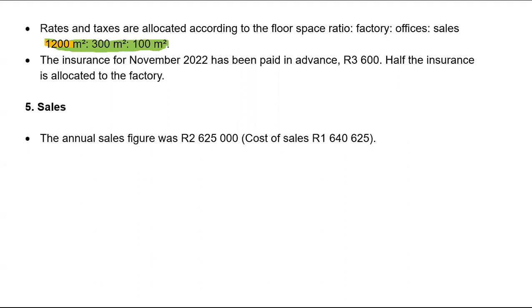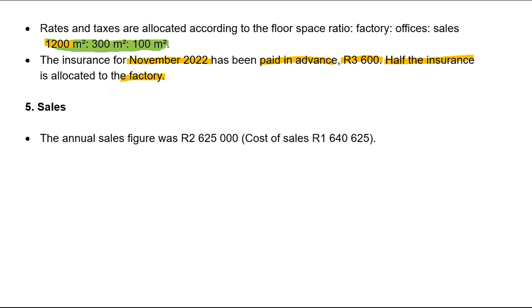You adjust first. You calculate what belongs into the current financial year first, and then you allocate. Like here, they said insurance for November has been paid in advance. We don't want that, so we need to take it out of our insurance. And whatever we get, that's the one that we are going to allocate to the factory. Adjust before you assign people.